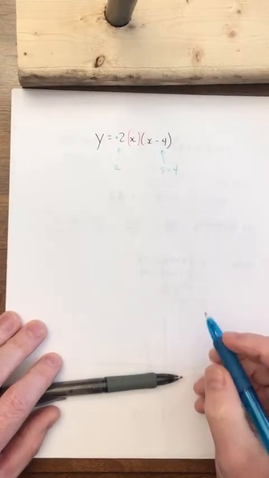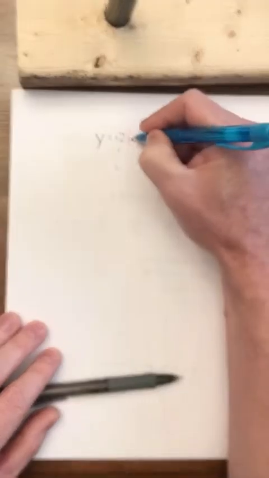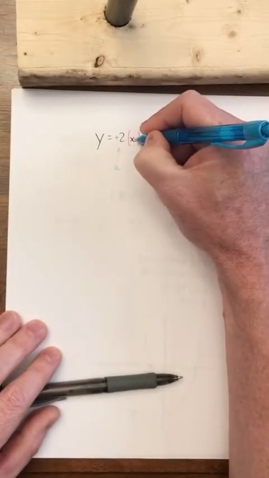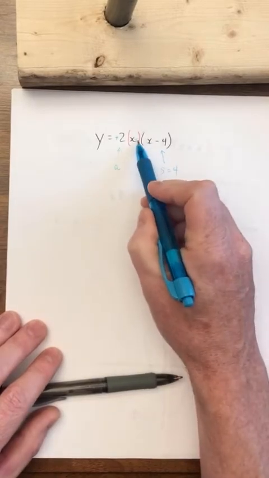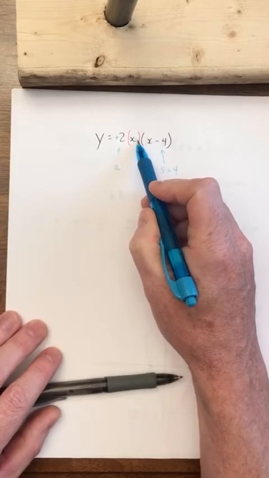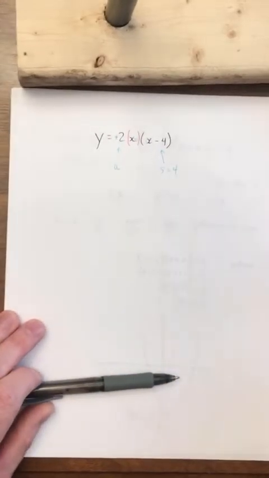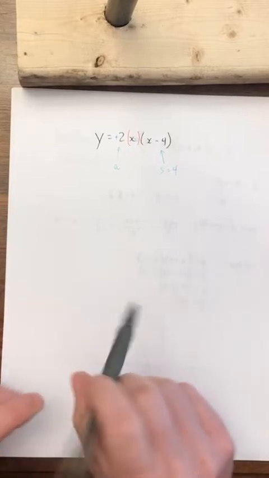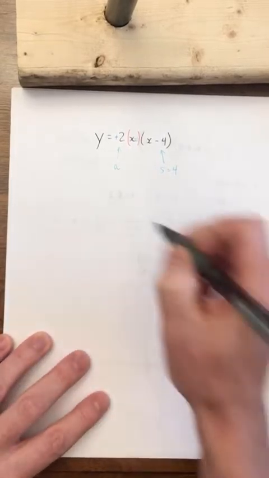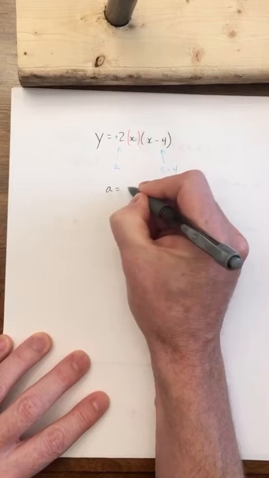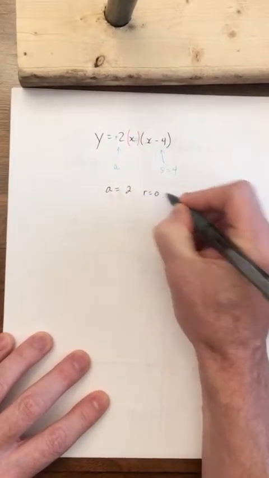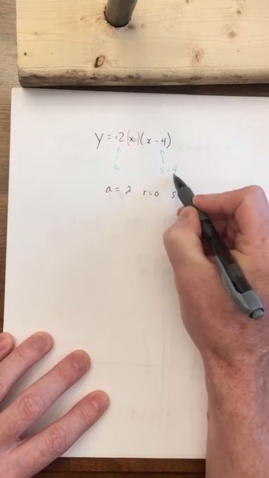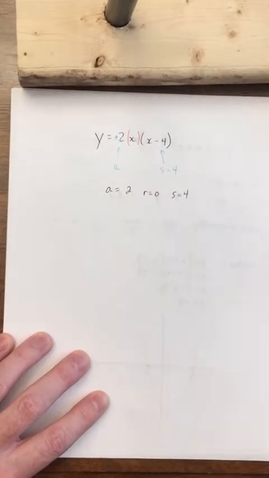And because this is x minus nothing, it's just an x, that tells us that we're going to be crossing the x-axis at 0 as well. So here, our a is equal to 2. Our r is equal to 0, and our s is equal to 4.